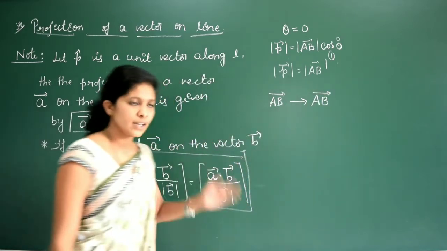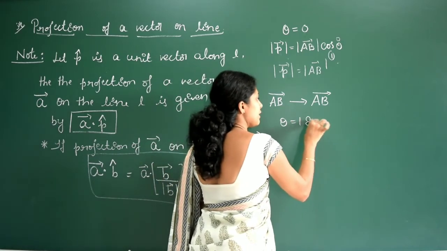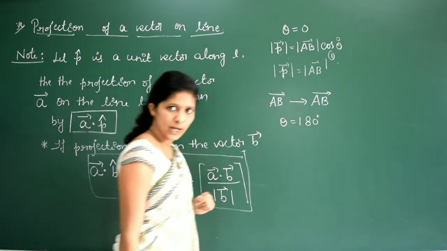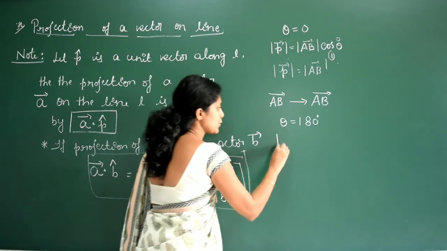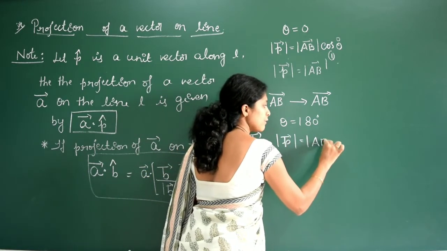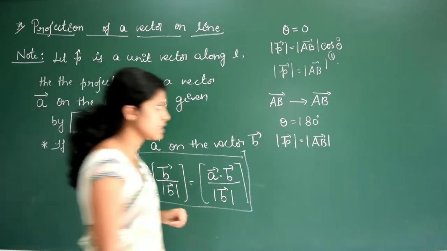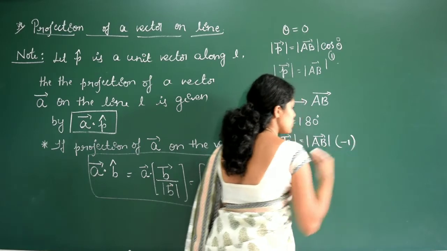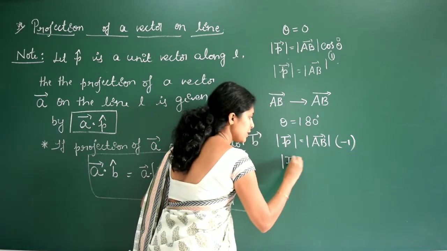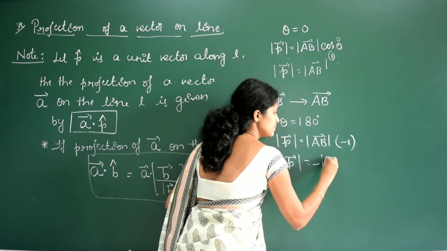Is it clear? Now, if the angle theta is equal to 180 degrees, the magnitude of P vector is equal to the magnitude of AB vector into cos 180. What is cos 180? It will be minus 1. So the magnitude of P vector is equal to minus the magnitude of AB vector.